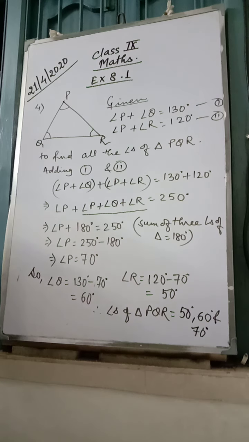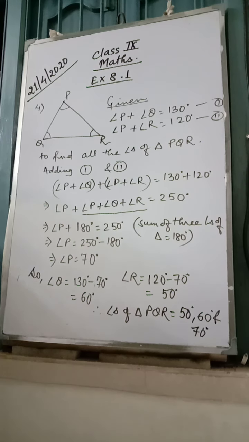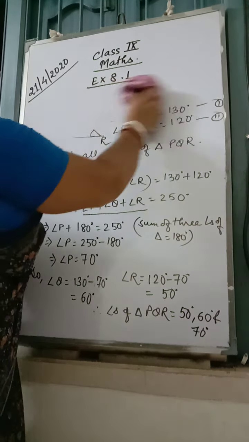Now question number 5. It says the angles of a triangle are x plus 10 degree, x plus 30 degree and x minus 10 degree. Find the value of x and also find the measure of each angle of the triangle. Number 4 is written. Now look at number 5.